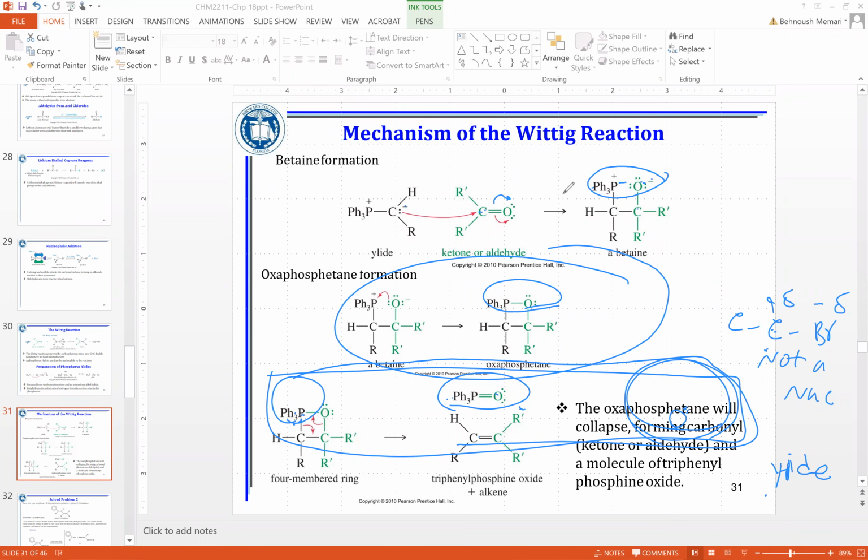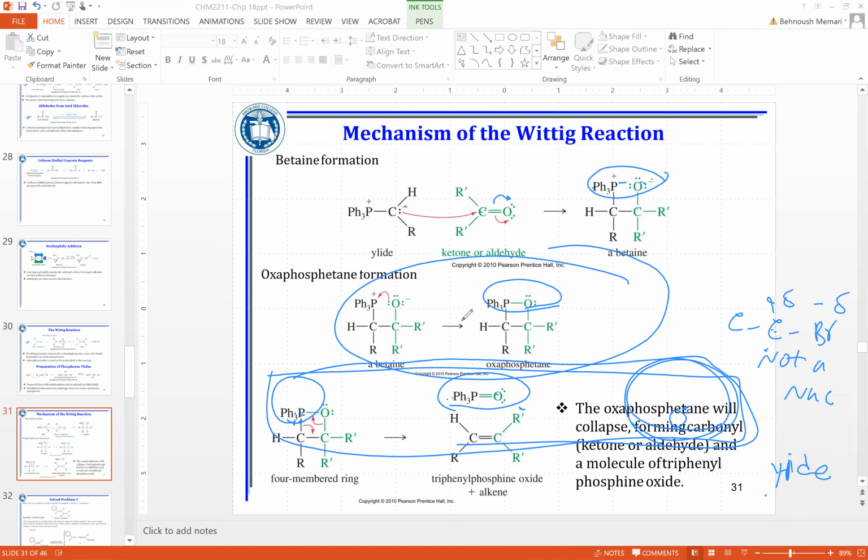It's not hard to understand, but it's not the main concern. The main concern is to be able to generate the ylide and then react it with the C=O double bond, with the aldehyde or ketone.